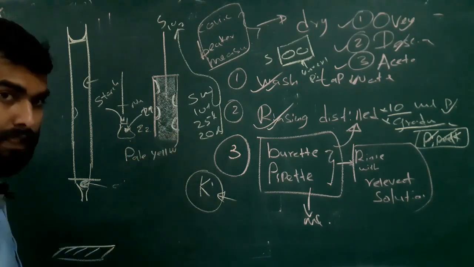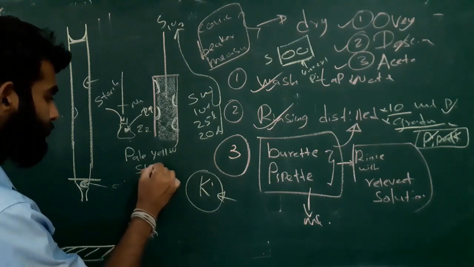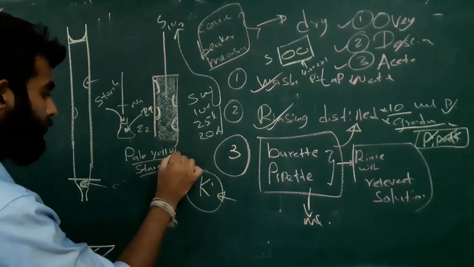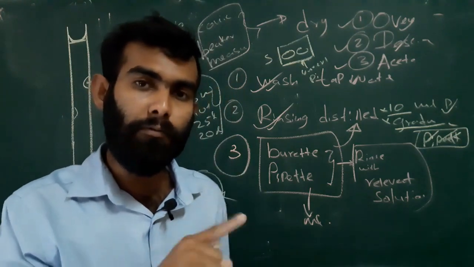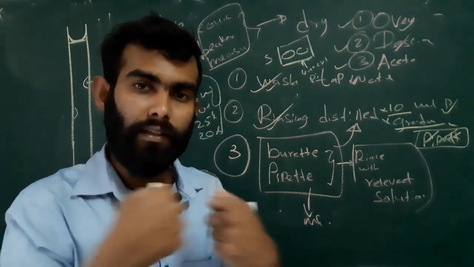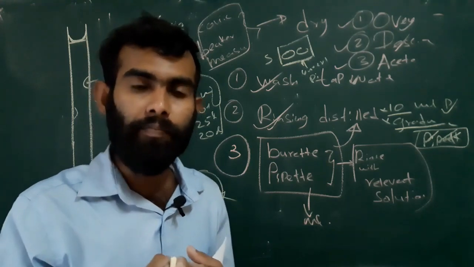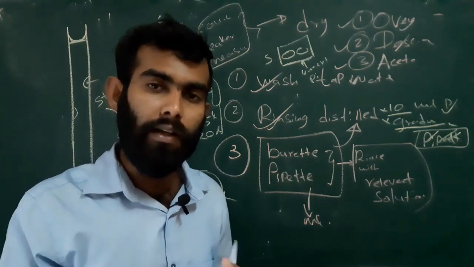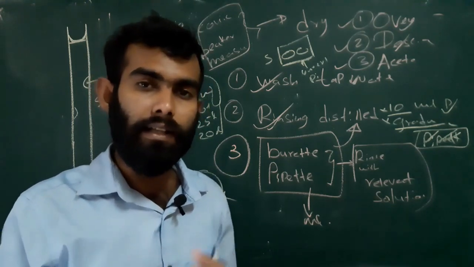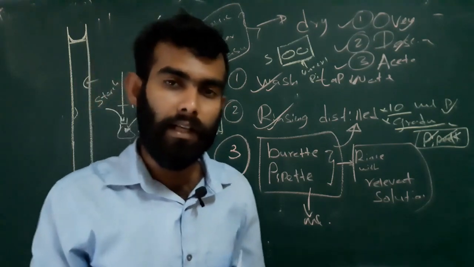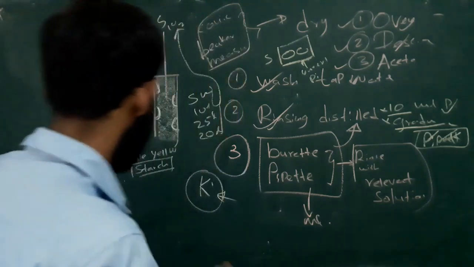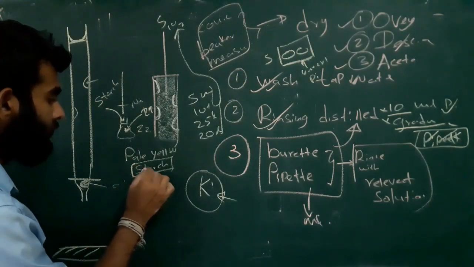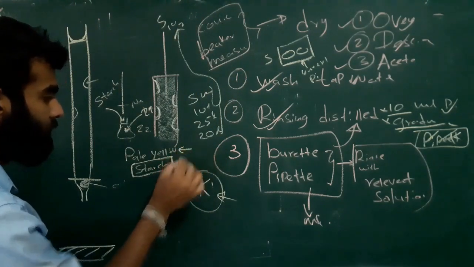After becoming pale yellow, we can add starch, because if we add starch initially, what will happen? The starch will form a strong complex with the remaining iodine. It will not dissociate, so we can't get any observation, and it will be an error. So we have to allow the solution to turn into a pale yellow color.